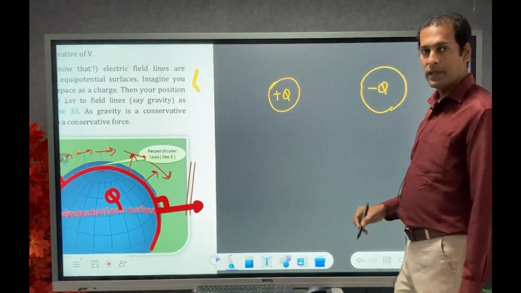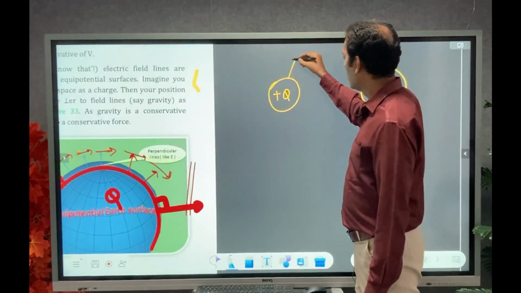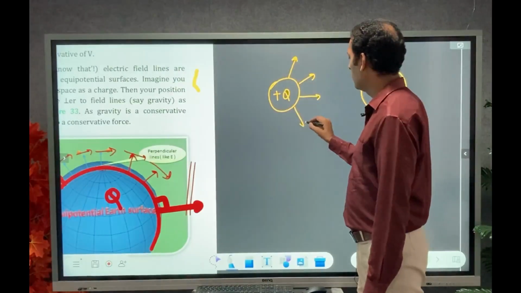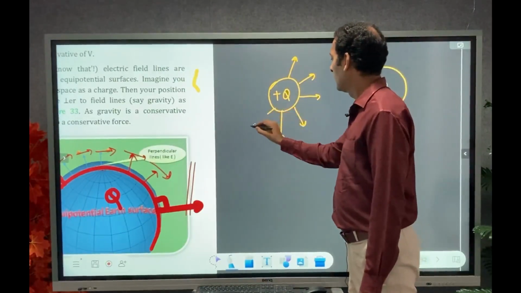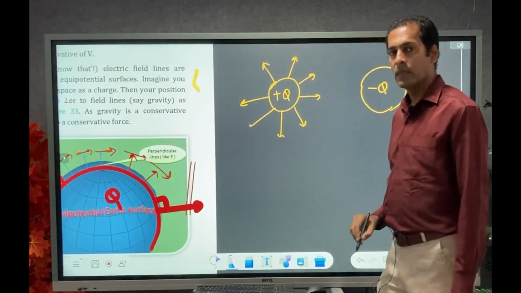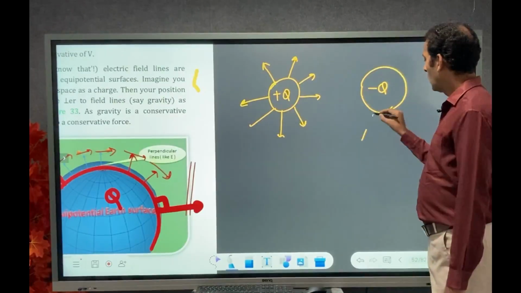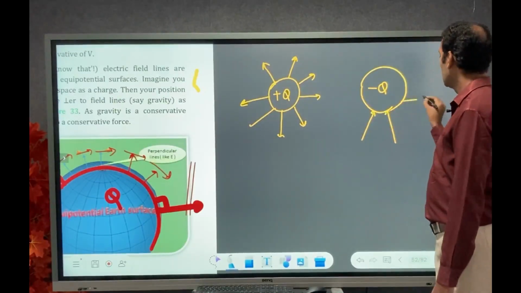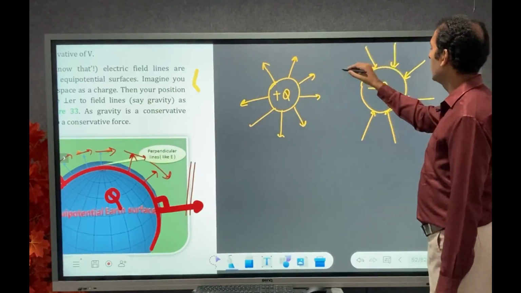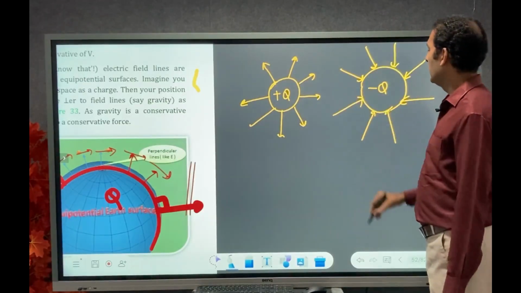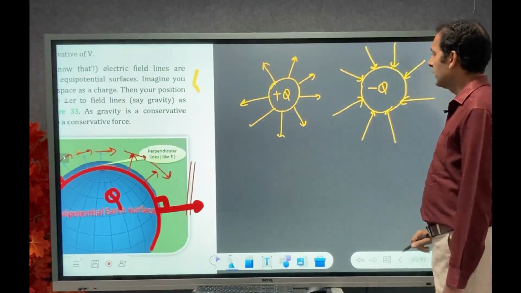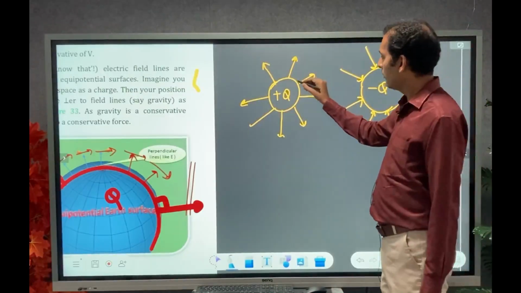So electric field intensity will always go outward in perpendicular distance from this charge, right? And this one will have all the force lines going inward, right? So this is about the electric field intensity directions, and it is always perpendicular.